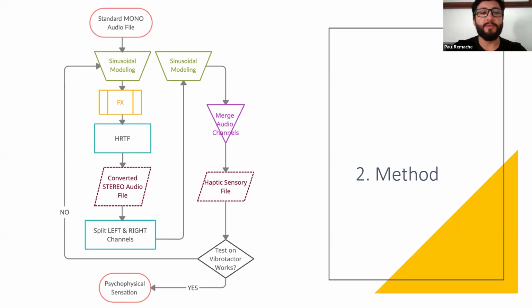Then we again split into left and right channels to have two actuators like a stereo audio. Then we apply again the sinusoidal modeling to ensure that the signal is within the frequency range that we can actually feel. We merge the audio channels and generate a stereo file that is amplified and sent to the actuators. And finally, we test the vibrotactors to see if they work, generating psychophysical sensations in some participants.